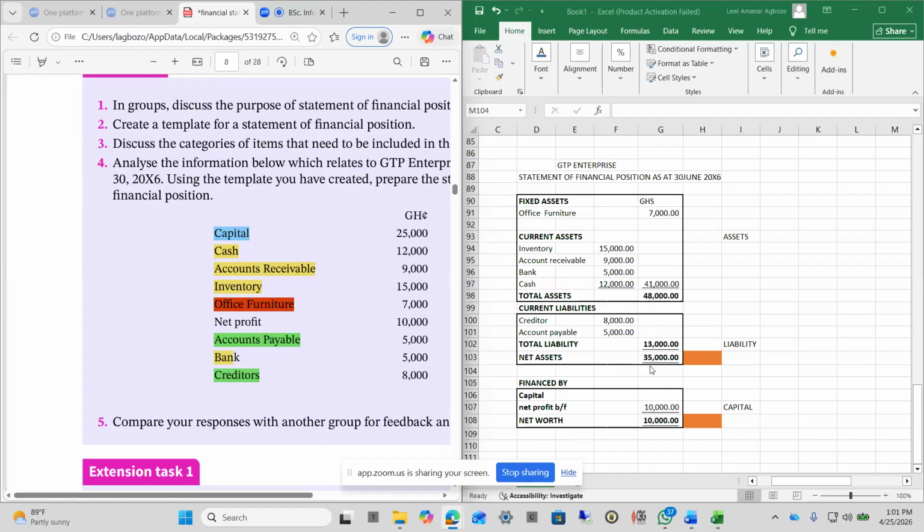No, this is 13. 13 plus 10 will give us 23.